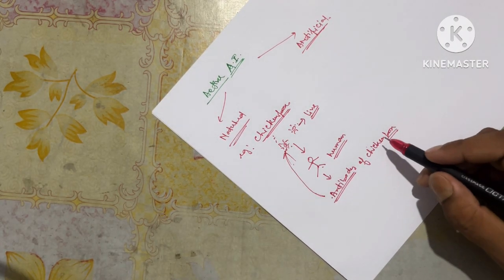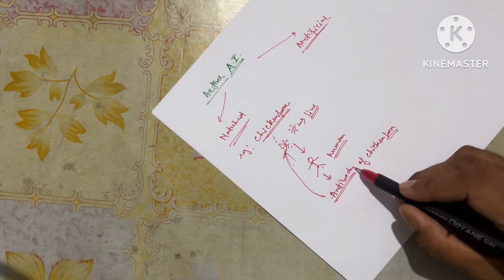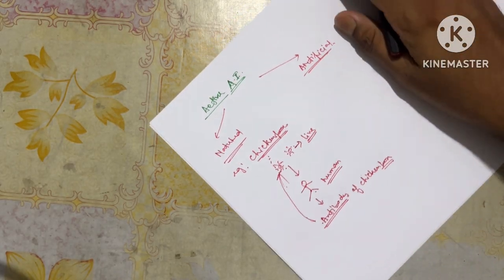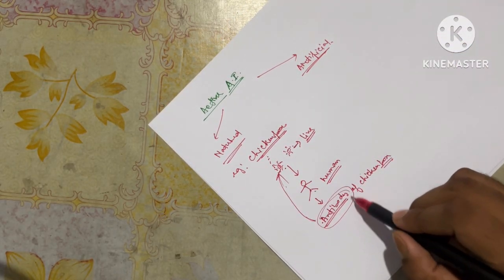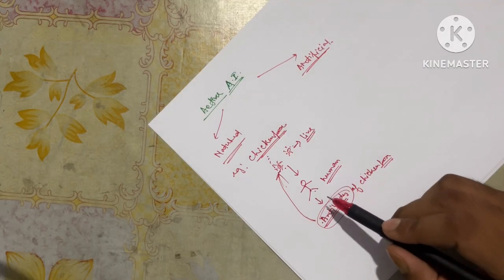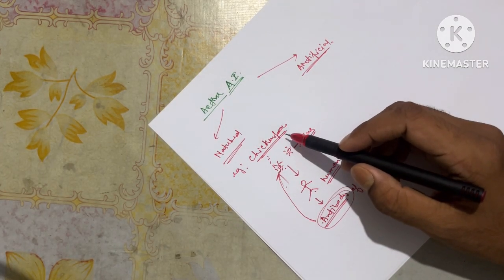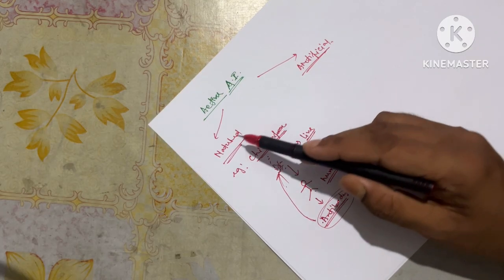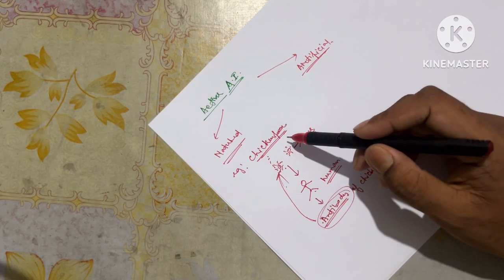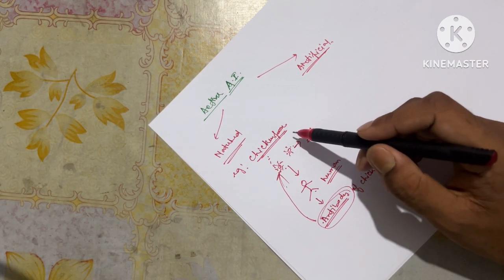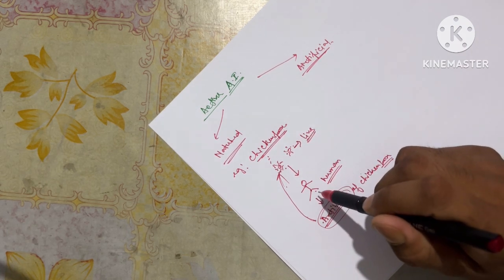Now, as he has antibodies of chickenpox, he is acquiring the antibodies because of the infection, which is a natural infection. Nobody has deliberately entered the chickenpox pathogen inside his body.